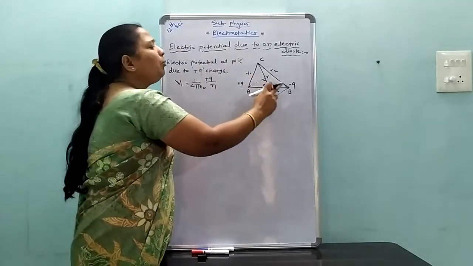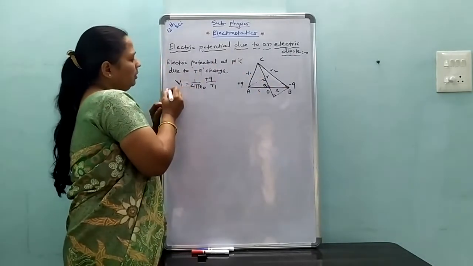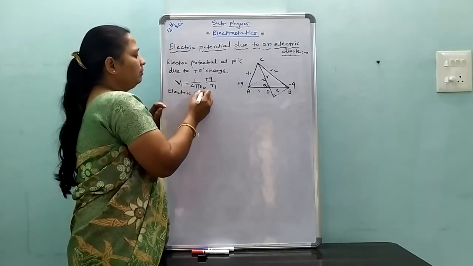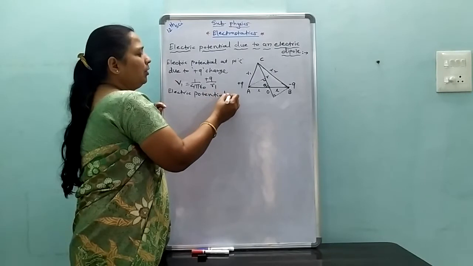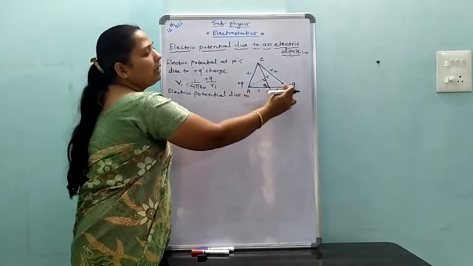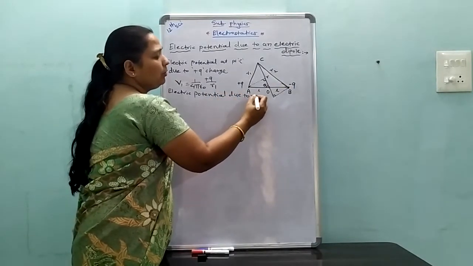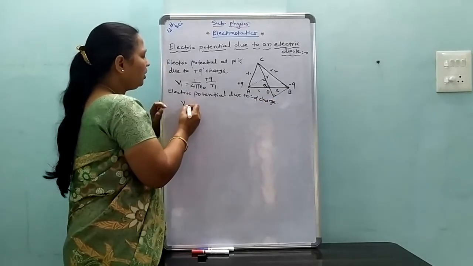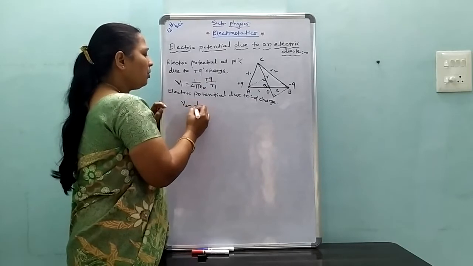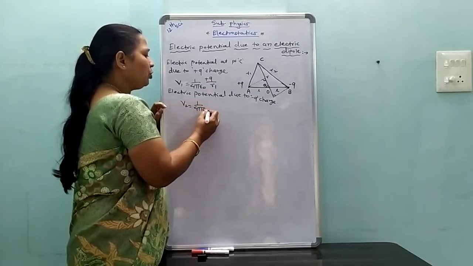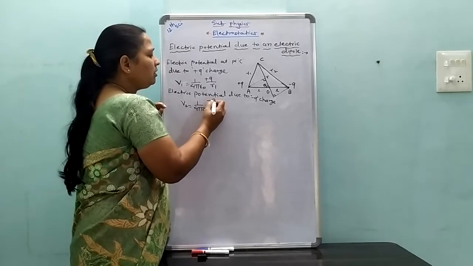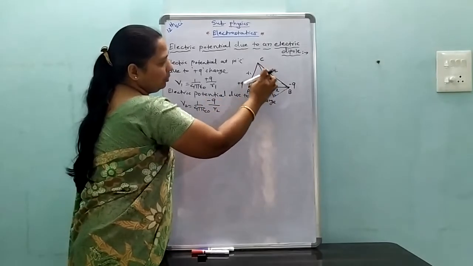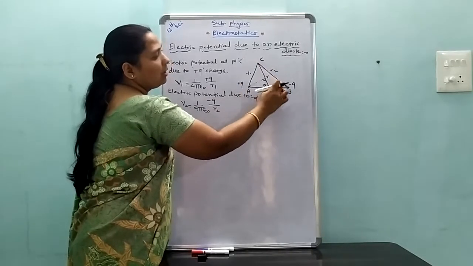Similarly, the electric potential due to the negative charge, minus Q, is V2 equal to 1 upon 4 pi epsilon 0 times minus Q upon R2, where R2 is the distance from that charge.